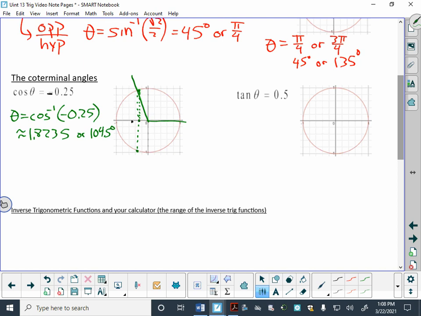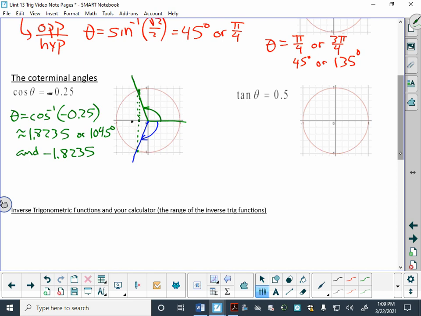But I have another point down here where the x value is negative 0.25. I can think of it as going the opposite direction around the circle. So I could go this way instead of this way and say it's the negative of that, negative 1.8235 radians, or negative 104.5 degrees.